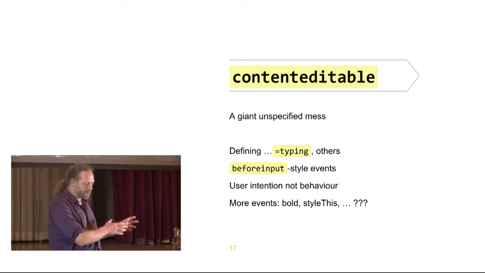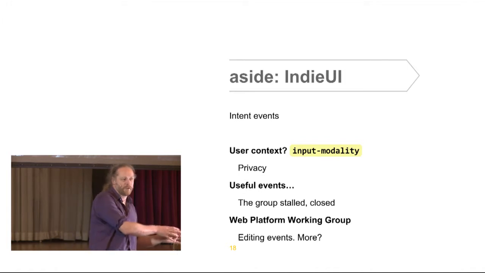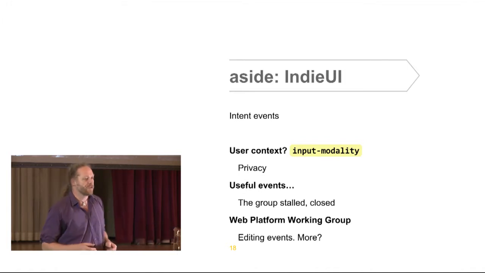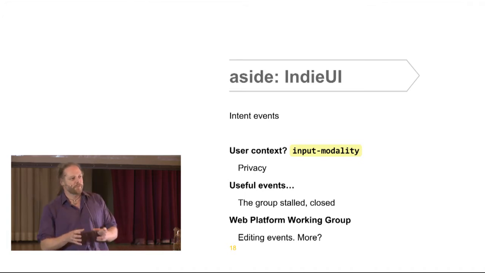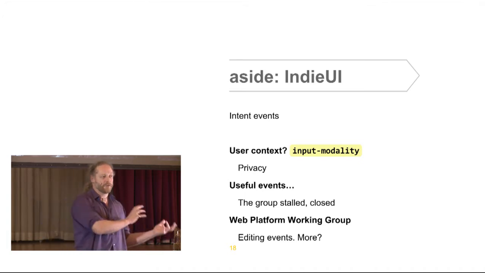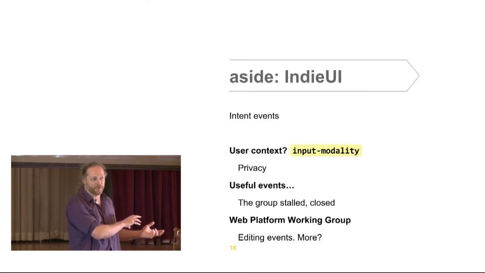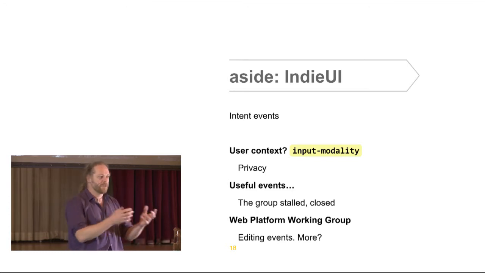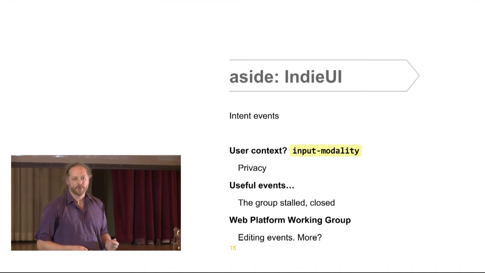So alongside what was happening in the editing thing, there was a group at W3C called Indie UI. Their idea was based on the same stuff that I did 15 years ago that was a failure, of getting events that explain what the user's trying to do.